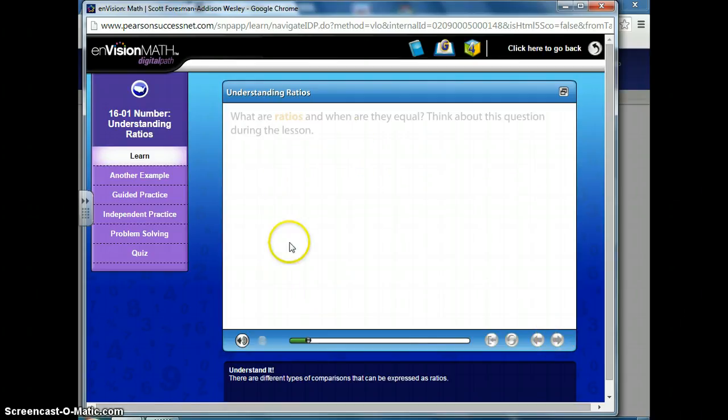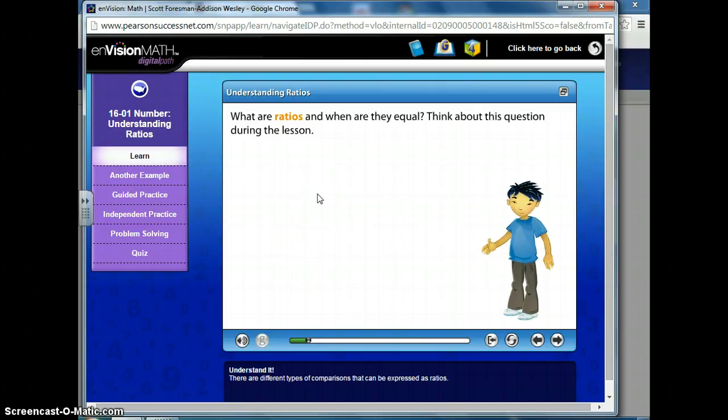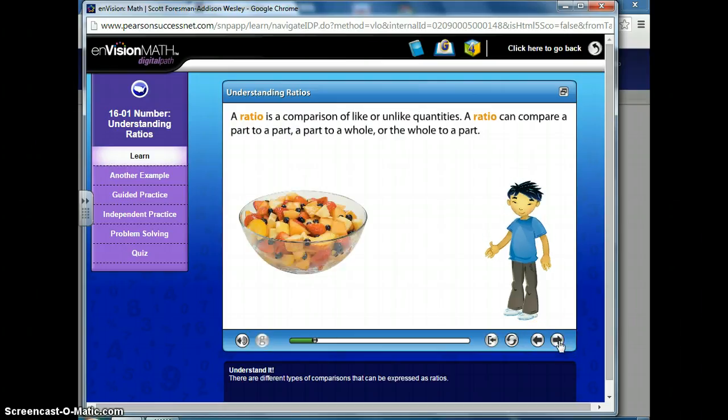All right, on with our video. What are ratios and when are they equal? Think about this question during the lesson. A ratio is a comparison of like or unlike quantities. A ratio can compare a part to a part, a part to a whole, or the whole to a part.